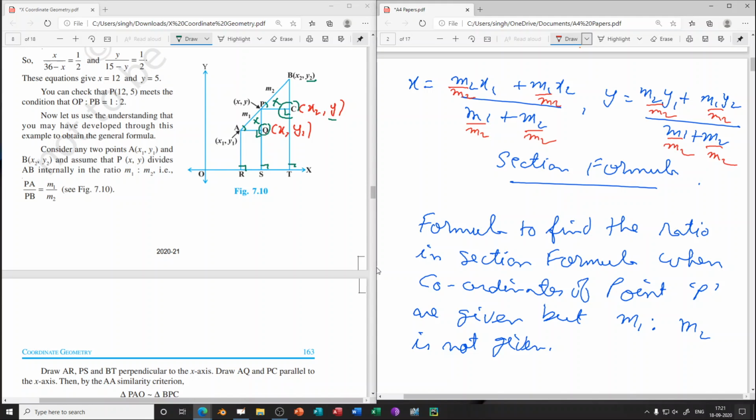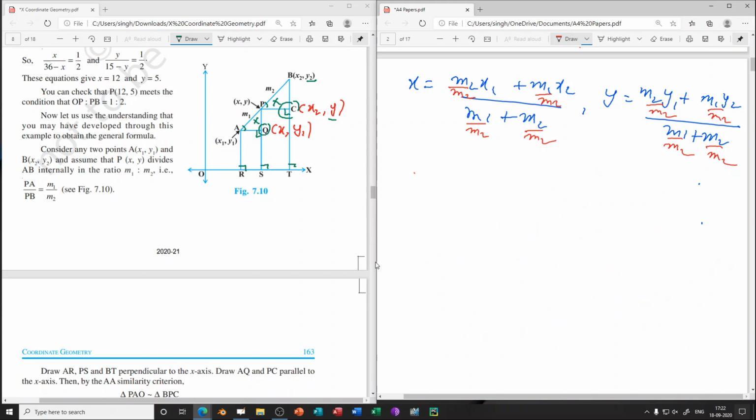So now we'll simplify this. We get x equal to m2 over m2, that is 1, so 1 into x1, plus m1 over m2. Because we do not know the values of m1 and m2 separately, let us take m1 by m2 as lambda.